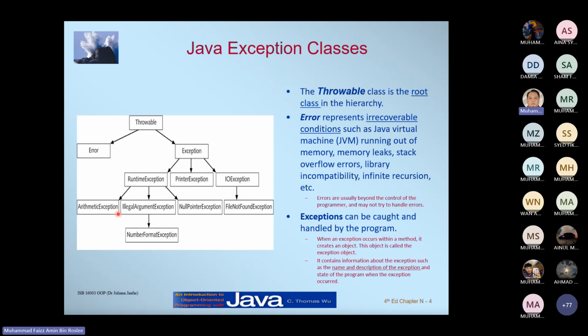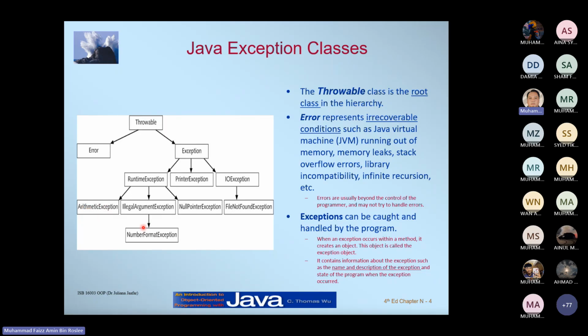And also there is IllegalArgumentException, and ArithmeticException. ArithmeticException is most of the time thrown when you are running mathematical calculations. For example, when you try to divide a number by 0, right? It will throw an ArithmeticException.